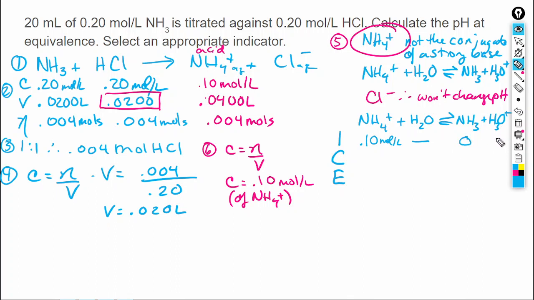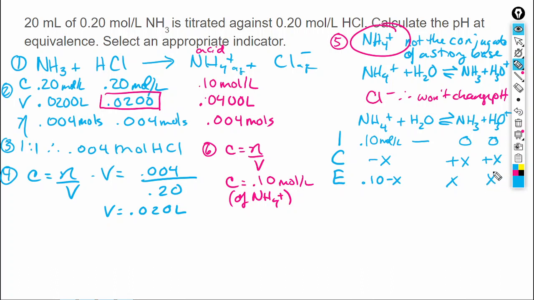What's my initial concentration of H3O plus? Is the concentration of NH4 plus going to increase or decrease? And the NH3 will increase by the same amount, and so will the concentration of the H3O plus. So at equilibrium, I can expect to have 0.1 minus X of NH4 plus, X of NH3, and X of H3O plus.